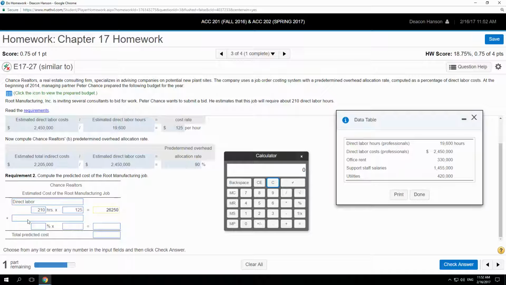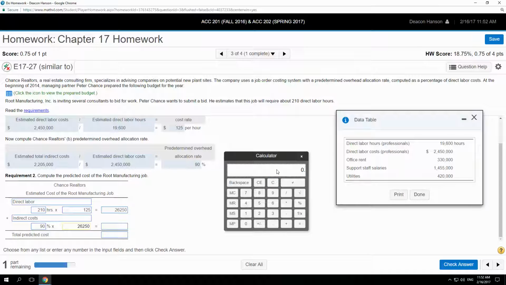Now we do the overhead. This is where the overhead is being allocated, so that's going to be the indirect costs. You're going to take that 90% rate that you have here, and you're going to multiply it by the estimated direct labor costs, which we just figured out. So 26,250.